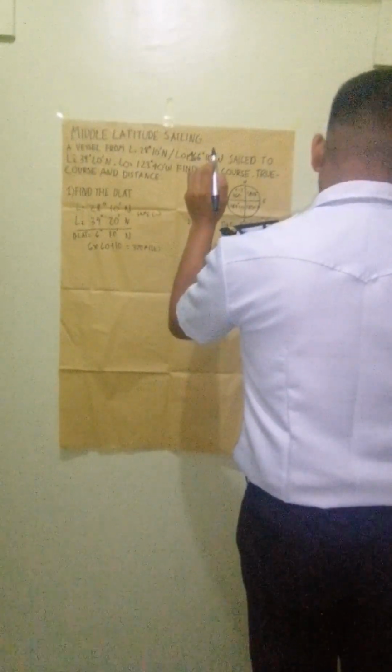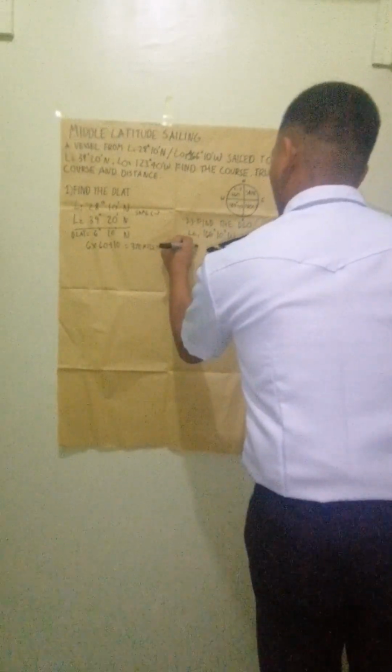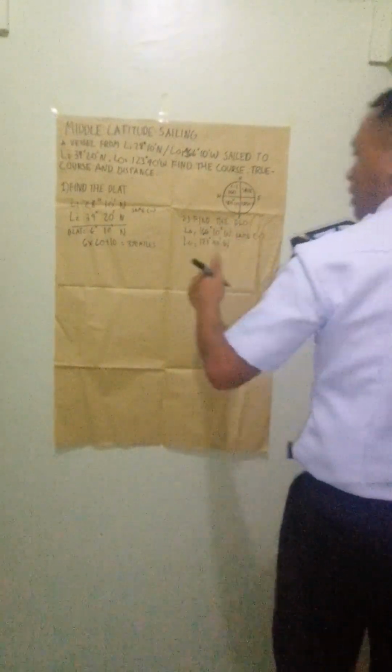And then second, we must find the DLO. Longitude 1 is 166 degrees and 10 minutes west, and longitude 2 is 123 degrees and 40 minutes west. They are the same, so we must subtract again.